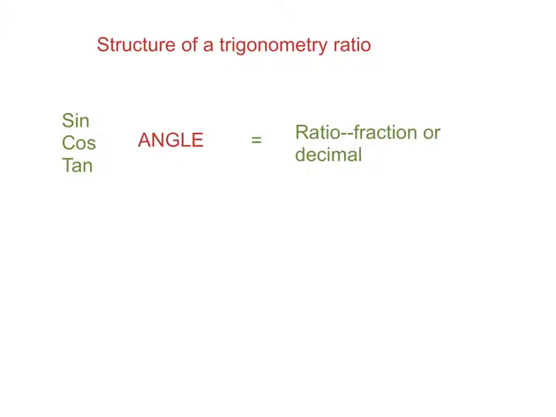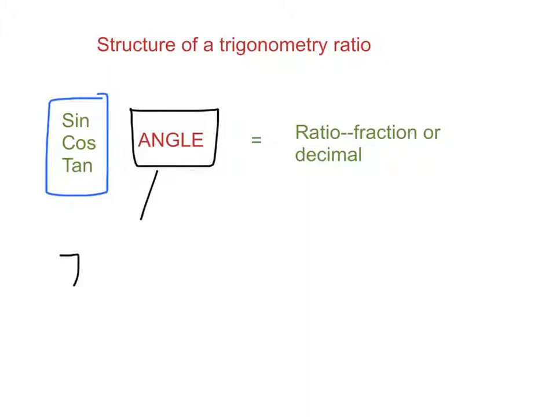Let's just have a look at the structure of a trig ratio. So now that we know the three ratios, you're always going to start with one of sine, cos, or tan. The next piece of the puzzle, beside that, goes the angle. Now, the angle might be a number, let's say 76 degrees. It might be a letter, capital A. It might be a Greek letter, theta. You always have the equal sign.